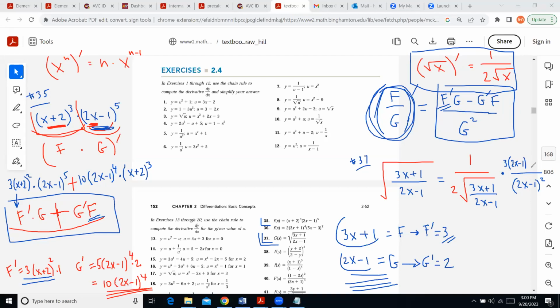And then I'm going to have the g prime, which is 2, right? And this 2 is multiplied by f, which is my numerator, which is 3x plus 1. So this way, I have myself the answer.